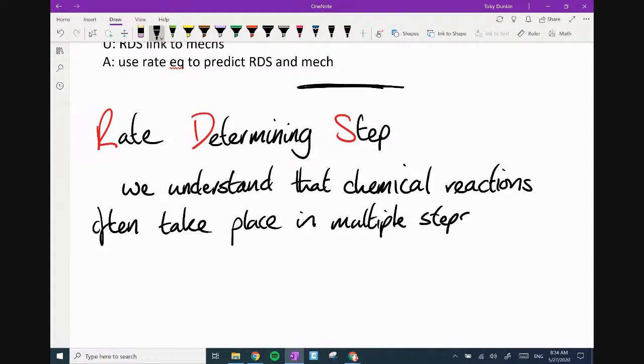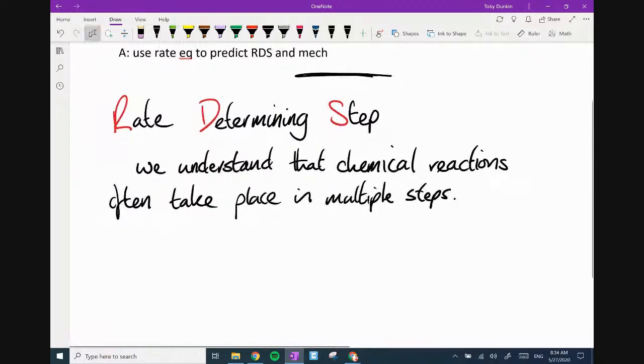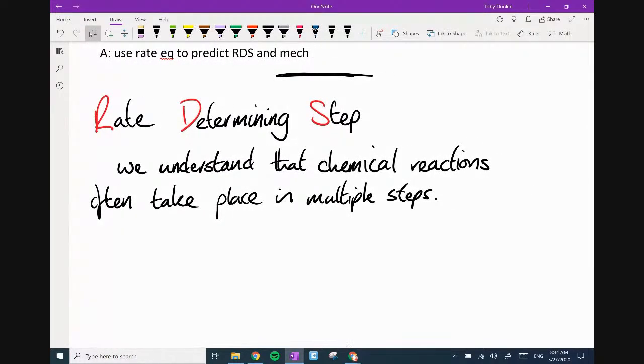Now, this is something that at GCSE we really don't talk about. We really try to avoid this at GCSE. We're trying to lay those foundations of understanding of what's happening in a chemical reaction, and what we're really emphasizing is that you put in reactants, you get out products.